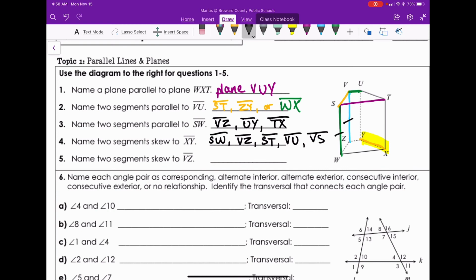Let's see, 1, 2, 3, 4, 5. Yep, 5 segments that are skewed to XY. Now, the last one is asking for a skew to VZ.